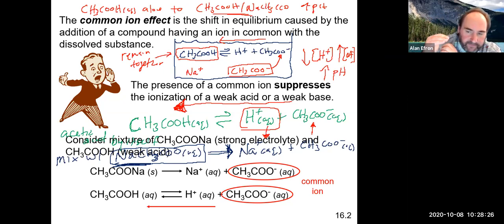So if we lower the H plus concentration, we would expect the pH to be higher than it would be if we had the weak acid alone. With the weak acid alone, it is able to set up that equilibrium and break apart however many H pluses it can. But with that common ion there, it's going to push everybody back the other way and keep everybody together. Any questions on that?